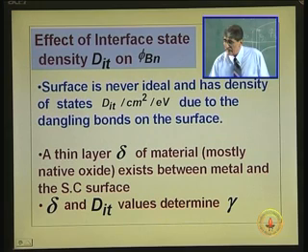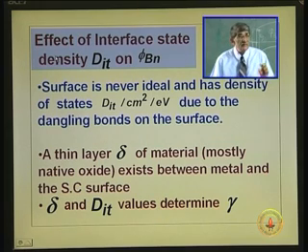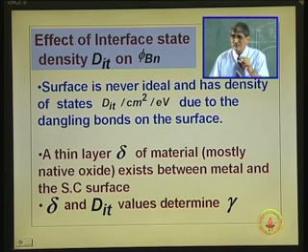DIT tells you how many states are there per unit area of the surface within an energy gap of 1 electron volt. So, if there are 10 to the power of 12 per centimeter square per electron volt, if I take an energy gap of 0.1 electron volts, there are 1/10 of that.